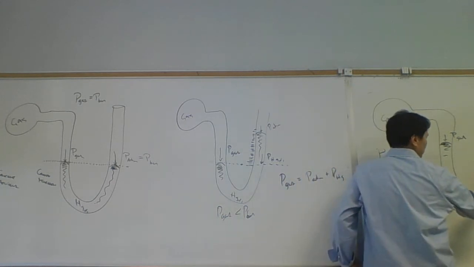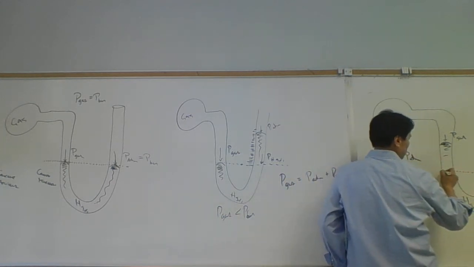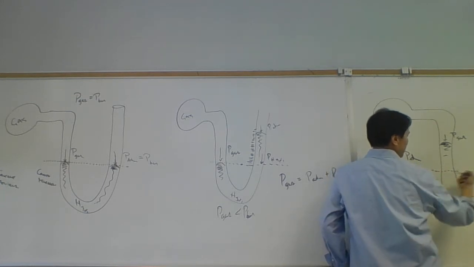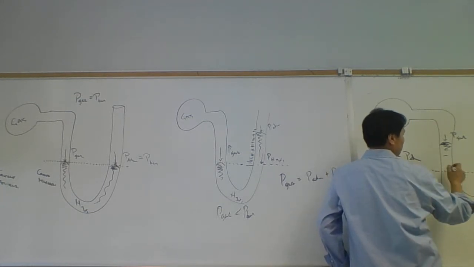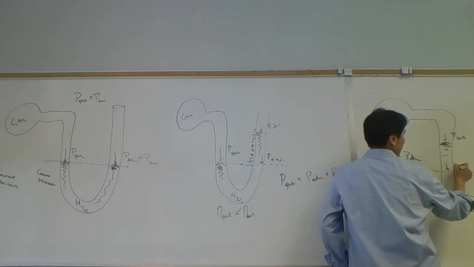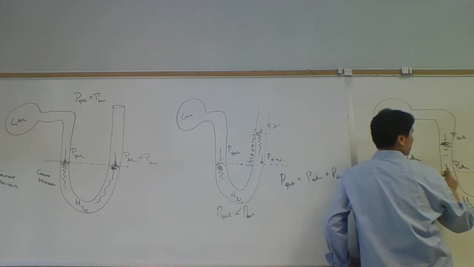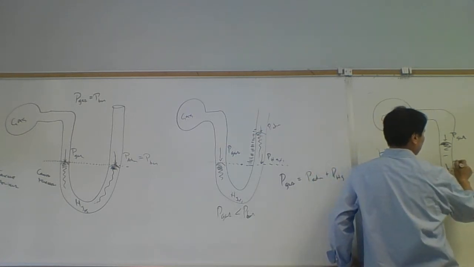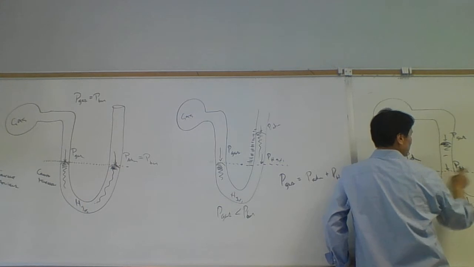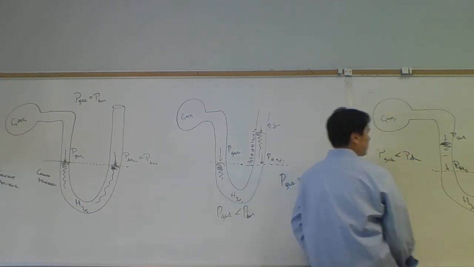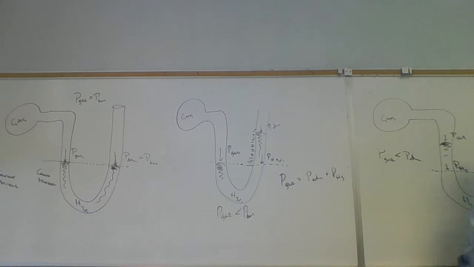But if I draw this imaginary line here, then at this level, they should have the same weights, because there's no movement. And so if I take the weight of the gas plus the weight of the mercury, then these two should be the same. And so I go, the pressure of the gas plus the pressure generated by this, well, how much mercury do I have? I just measure it in millimeters here, from the top of the meniscus down to that level.